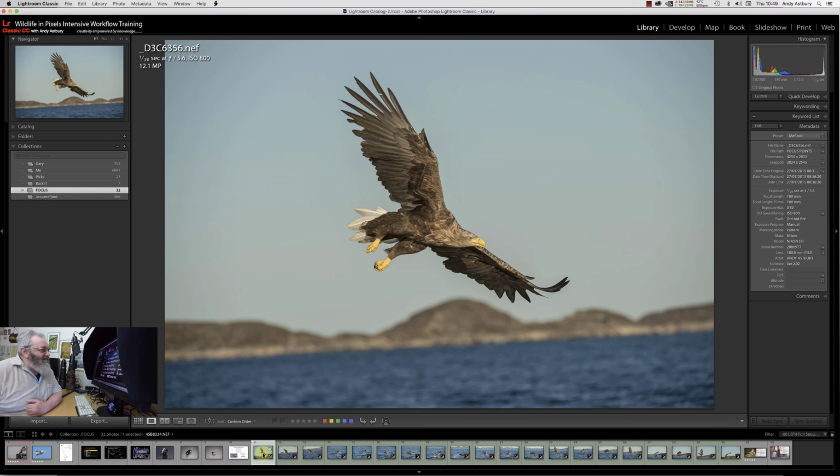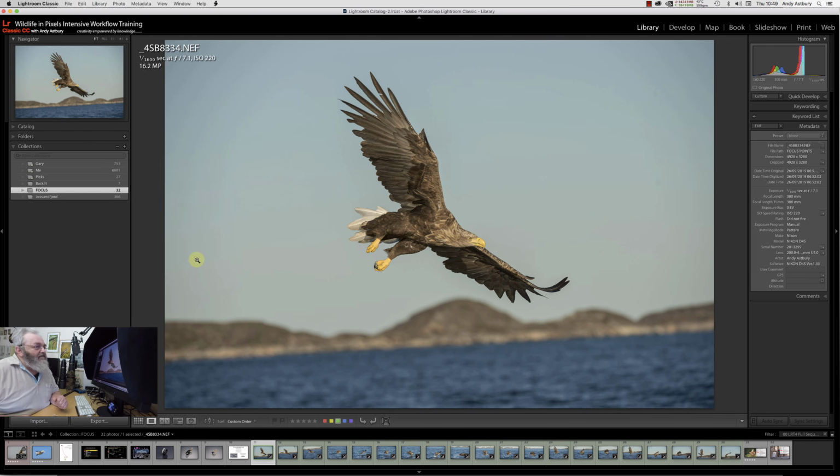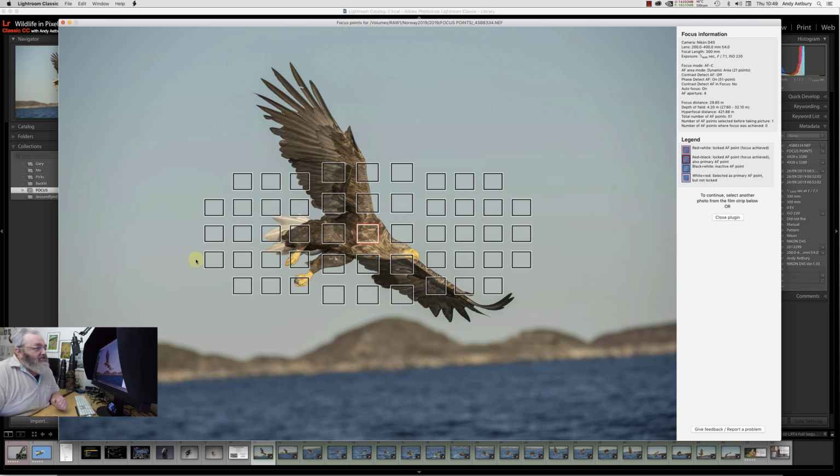But anyway, to get back to these shots, I'm just going to fire up that plug-in again, which, as I said before, you can download off the internet and install. It's slow, it sometimes crashes, but it's useful. So I'm using 21 points, and I'm using the center point, that's the active point in the middle of the viewfinder.